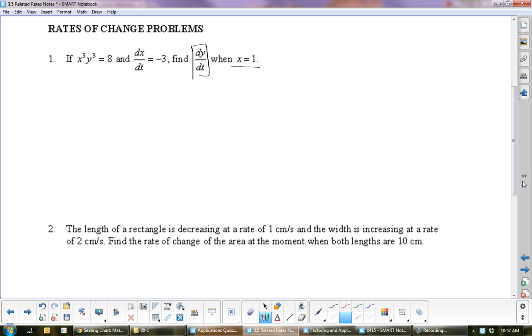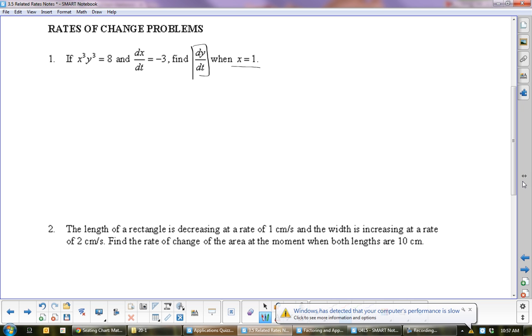But right now we know dx of dt. So you can see when we take the derivative of the x, we have that to fill in there. We also have x, don't we? Okay. And when we do the derivative of y cubed, we're looking for dy dt.